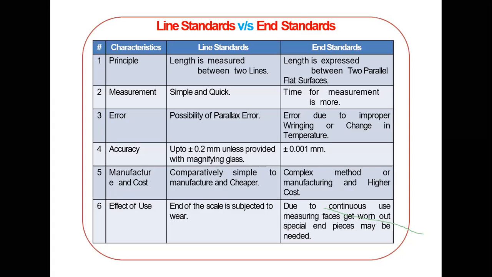But when you take a measurement with vernier calipers or any other instrument, it will take at least 1 minute. Even if you are trained, it will take at least 1 minute. So that is the basic difference. In the line standard, the measurement is simple and quick, but the end standard takes more time.